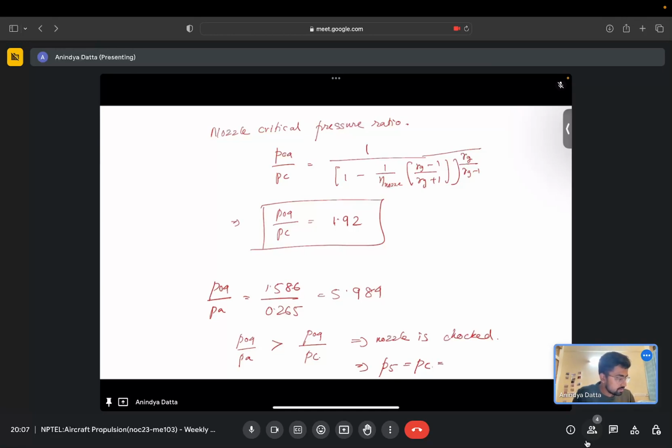So that should be equal to P04 by 1.92, which will come out as 0.827 bar.